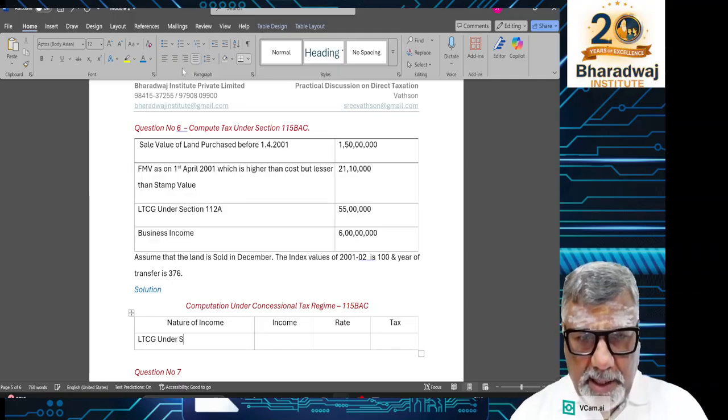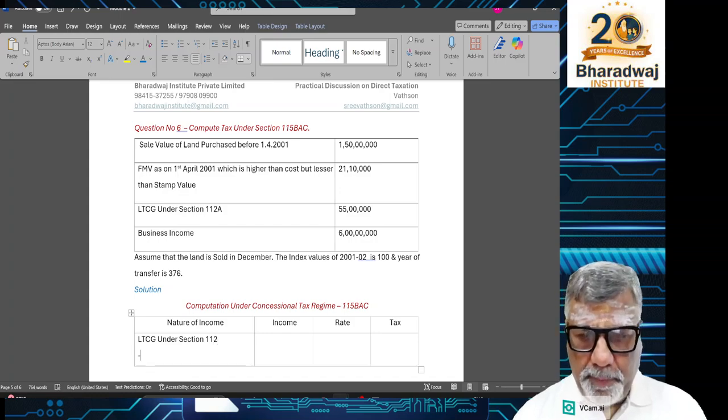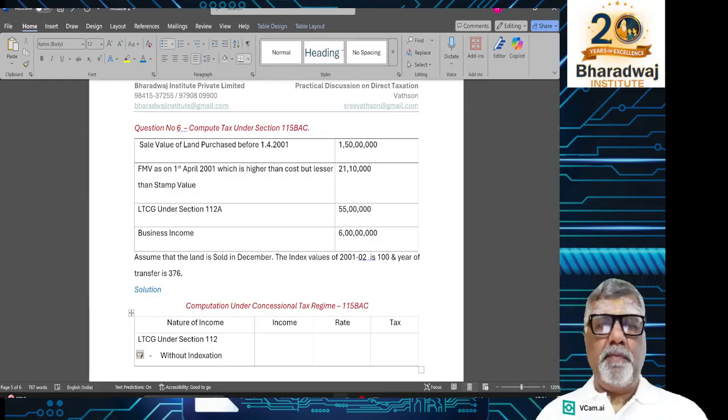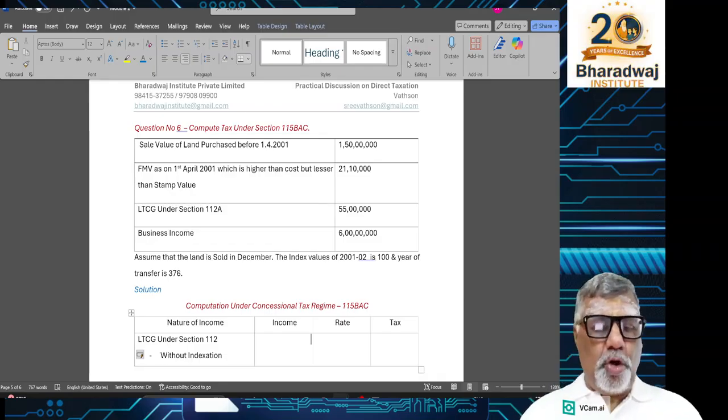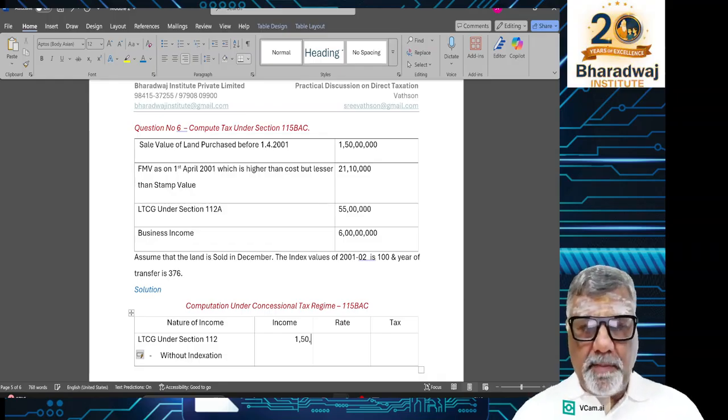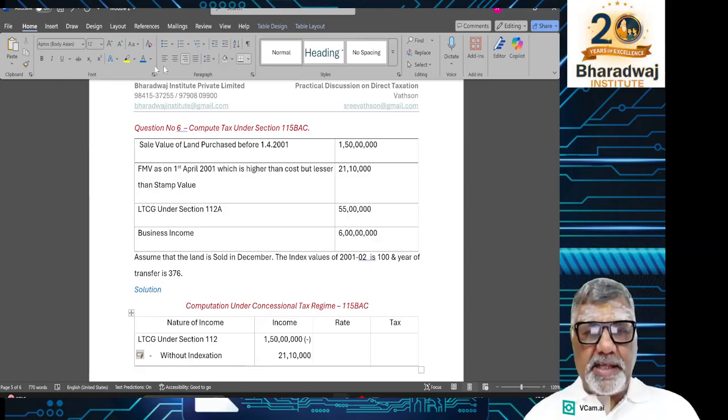LTCG under section 112 without indexation: we get the answer as 1 crore 50 lakhs minus 21 lakh 10,000.